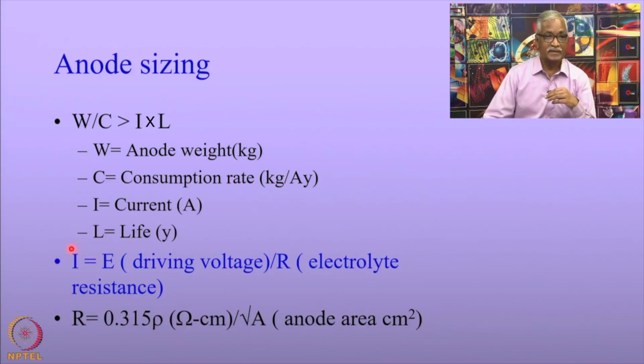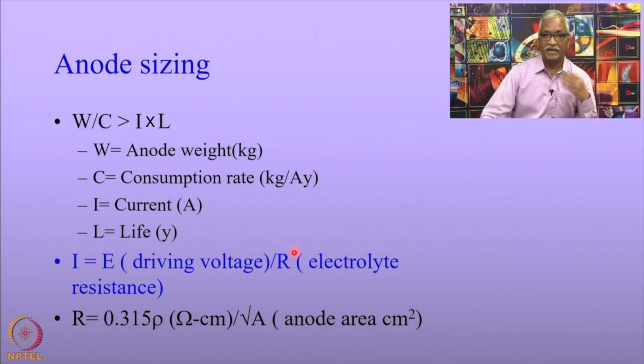That is, the current that is required would be depending upon the resistance of the electrolyte, and so the driving force. The driving force of a given anode is known, and so it is necessary that R should be adjusted.